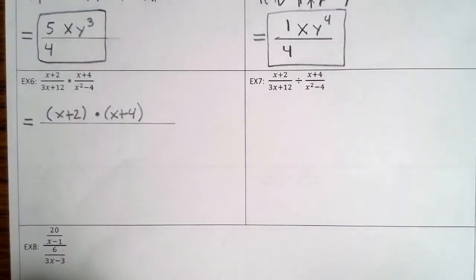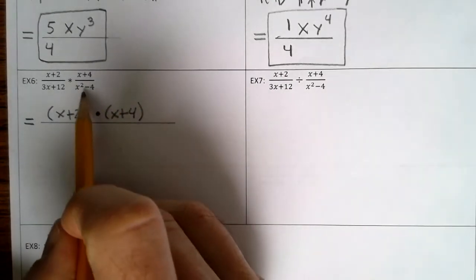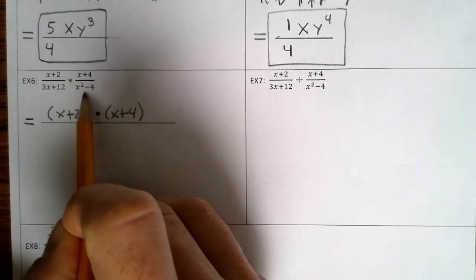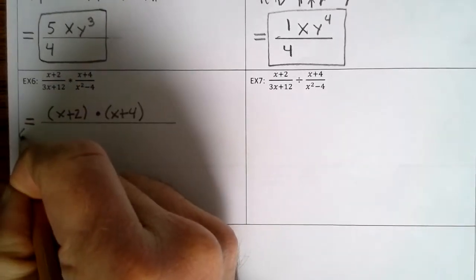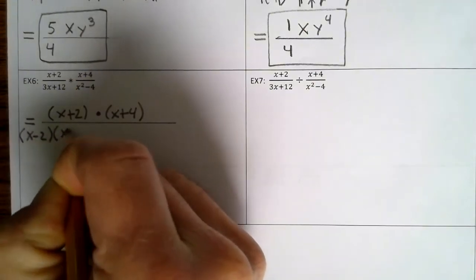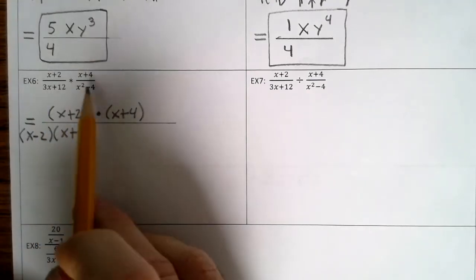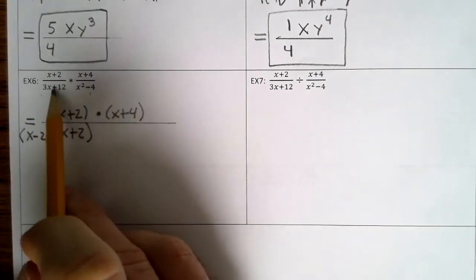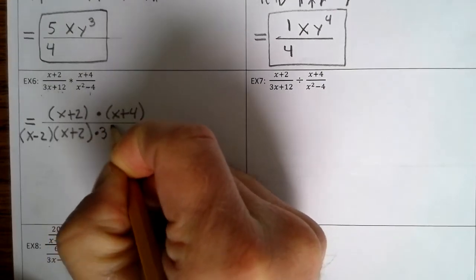Now, x squared minus 4 is a difference of squares, so that can be written as x minus 2 times x plus 2. Notice the order doesn't matter in multiplication, so I can put this in front. And then I can factor a 3 out from this, so that's times 3. Well, 3 divided by 3 is 1, 3 divided by 12 is 4, so that's x plus 4.